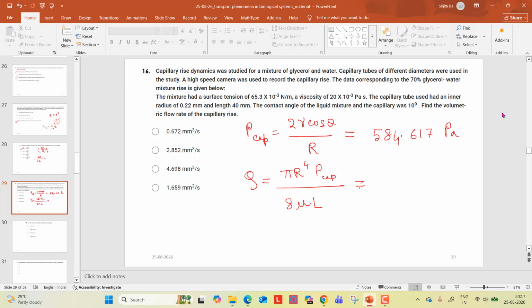It is coming as, also unit mention. The value is not exactly the same. Why? Let me calculate again.